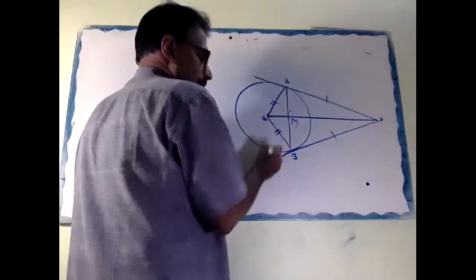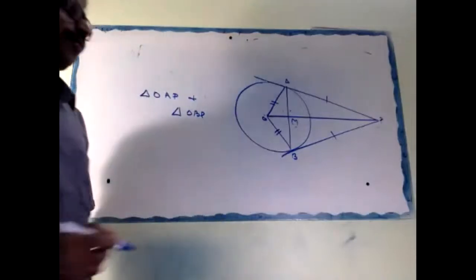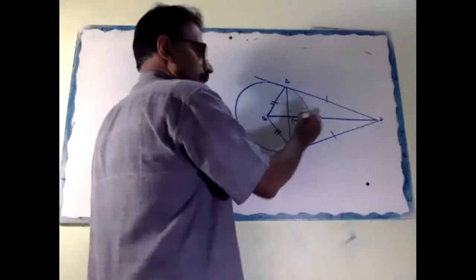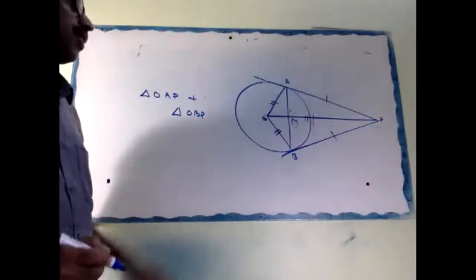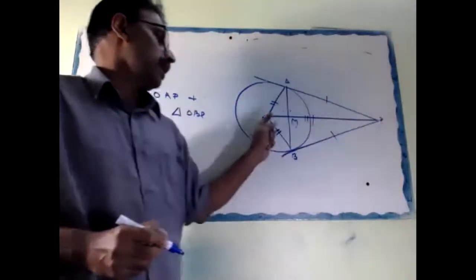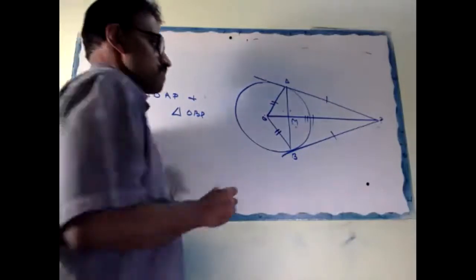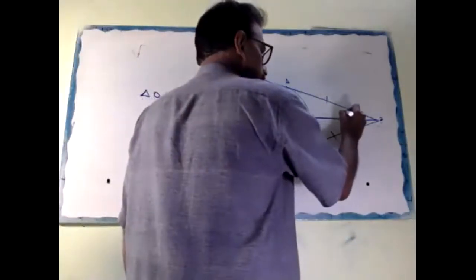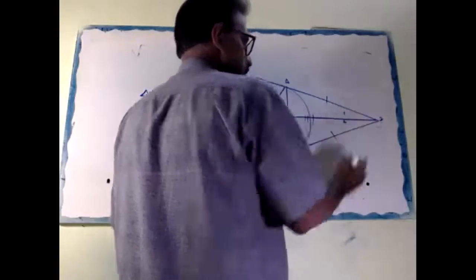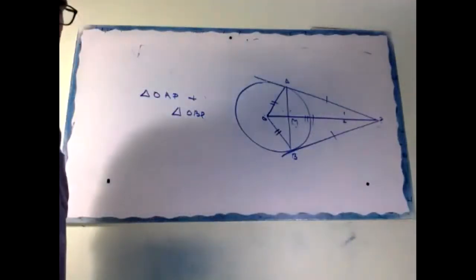OA equal to OB, radius. OP equal to OP, common. Therefore, triangle OAP is congruent to OBP, SSS congruency. Hence, angle 1 equal to angle 2, CPCT.